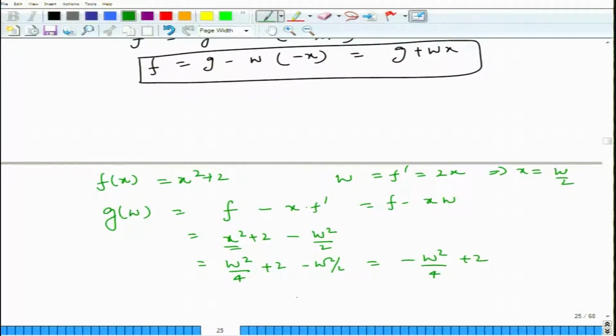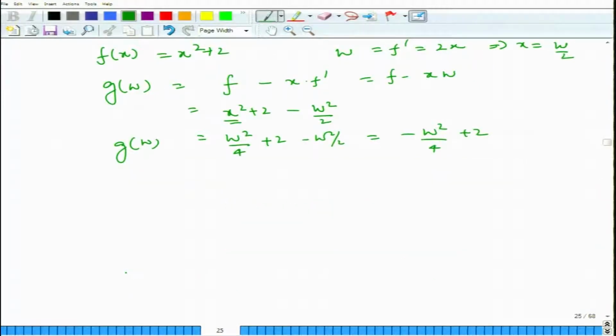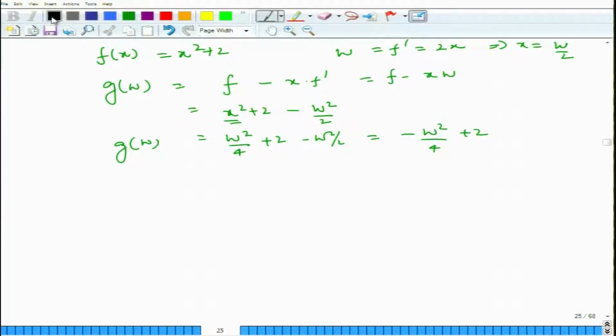All right. So, this is your g of w. This is our Legendre transformation which we applied to f of x. Now, in order to get back the original function, we are going to apply Legendre transformation to g, and let us see whether we get back the original function or not.